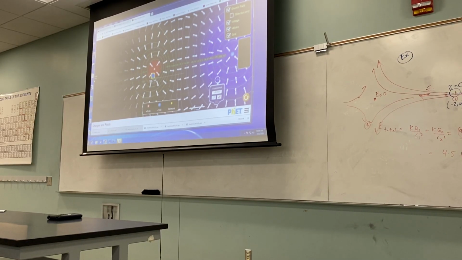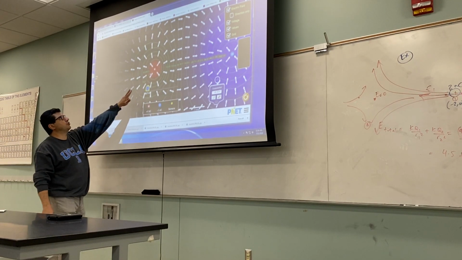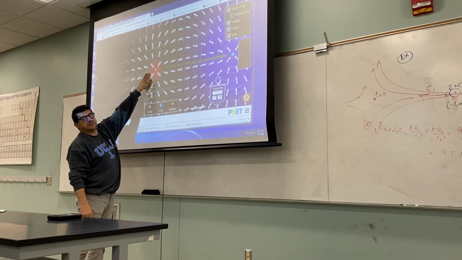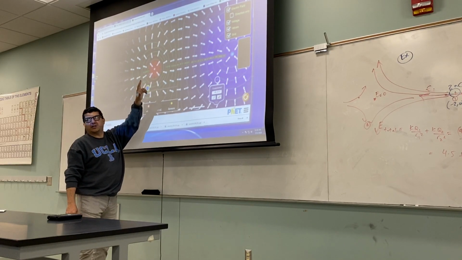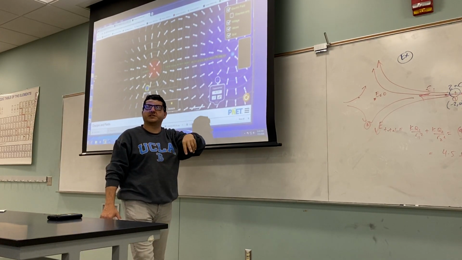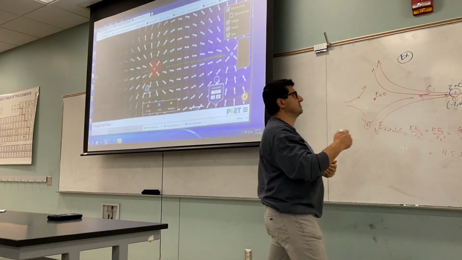So if that's the case, let's say, what would be the electric field between these two equal potential lines? What's the equation for electric field and voltage? Remember I said, what's the units of electric field?